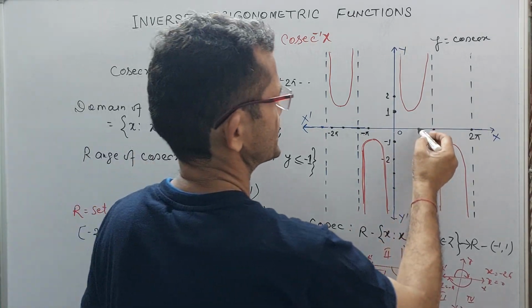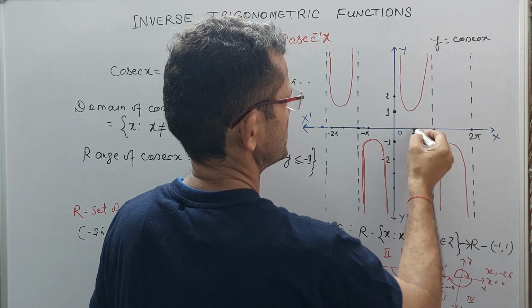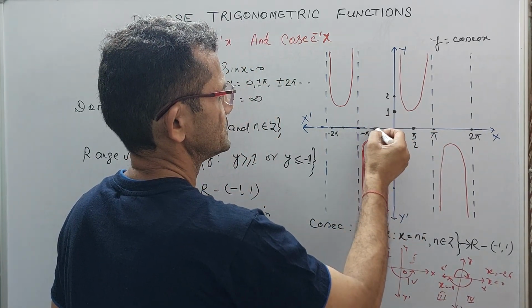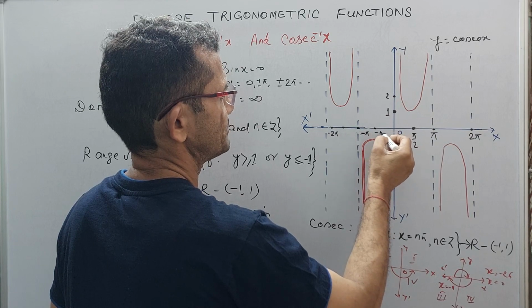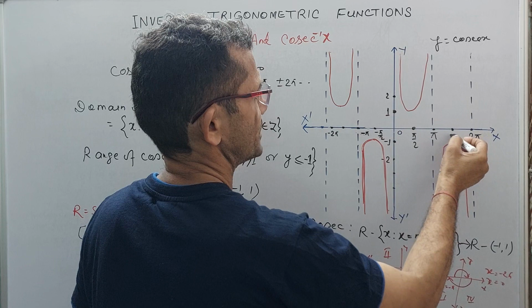So if I indicate this one, this value is π/2, this value is -π/2, and this will be 3π/2.